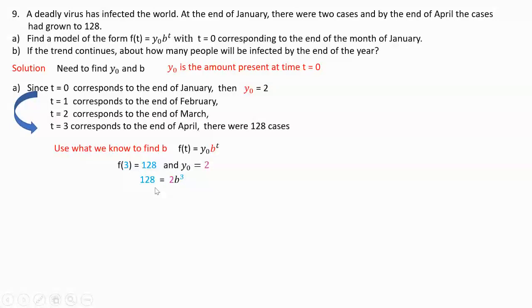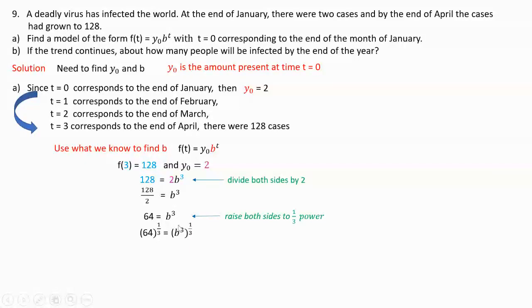Now I have to solve for b. The first thing we're going to do is divide both sides by 2. If we do that, we get 64 equals b to the 3rd power. Now we have to isolate b, so I'm going to raise both sides to the 1/3 power.